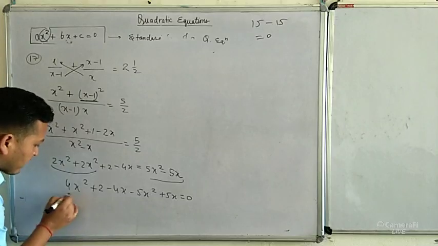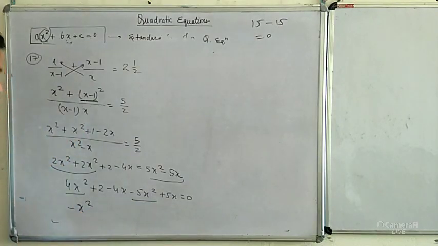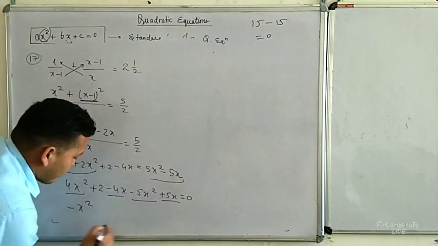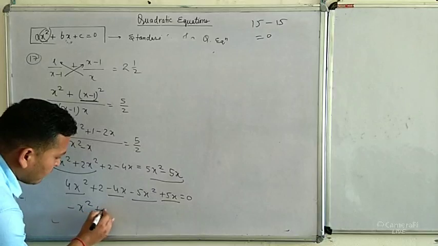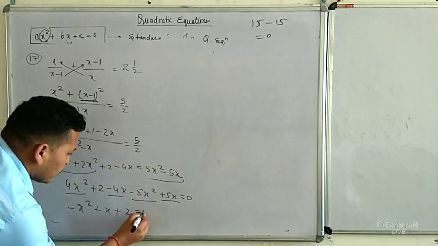So then 4x square minus 5x square is minus x square. Next minus 4x plus 5x, so minus 4 plus 5, so plus x. Okay, and the last one is plus 2 is equal to 0.